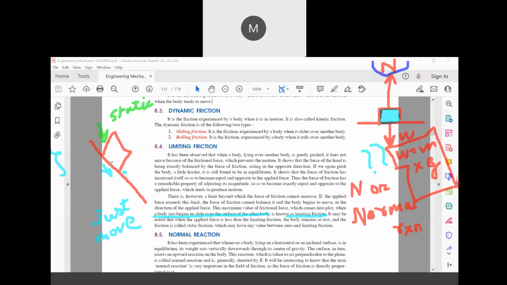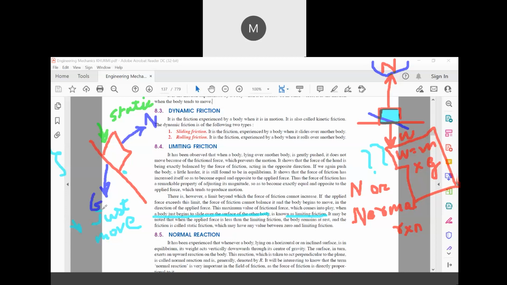Now, in case of an inclined body, what will happen? How will the force act? The G will always act downwards. Even if the body is inclined, G will always act in this manner. Never forget this. But the normal reaction will be normal to the plane surface.